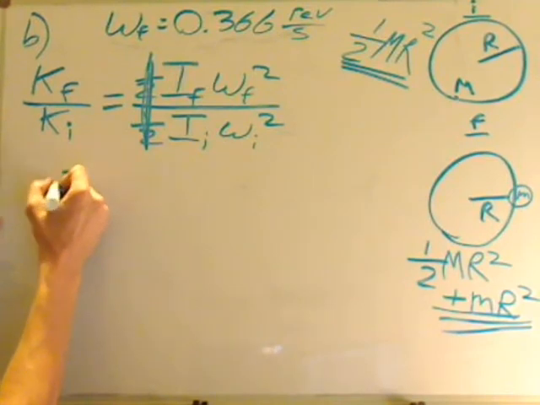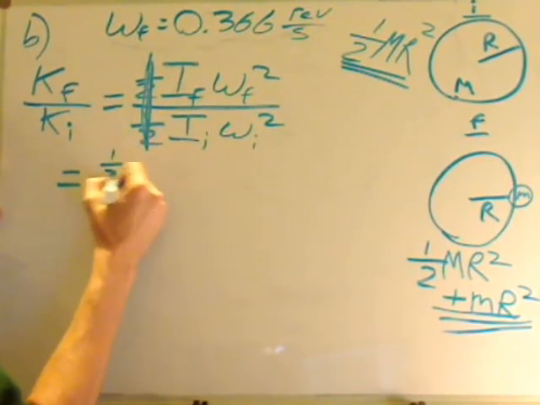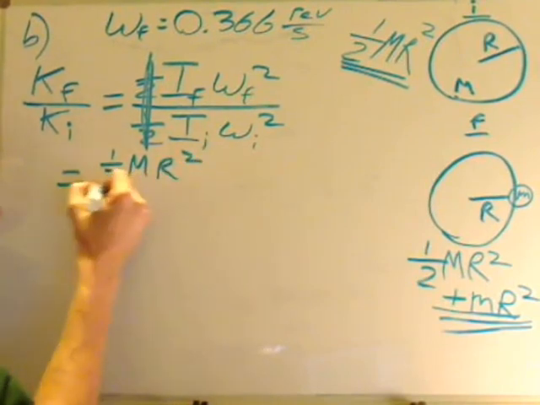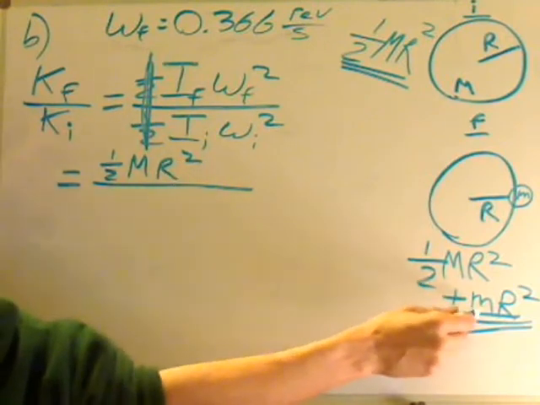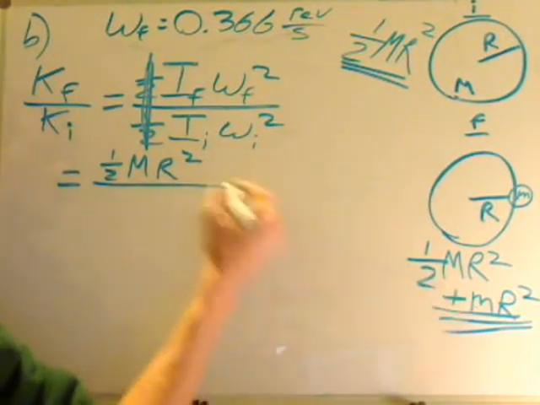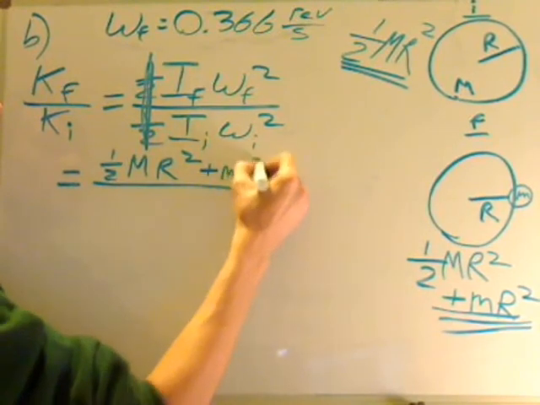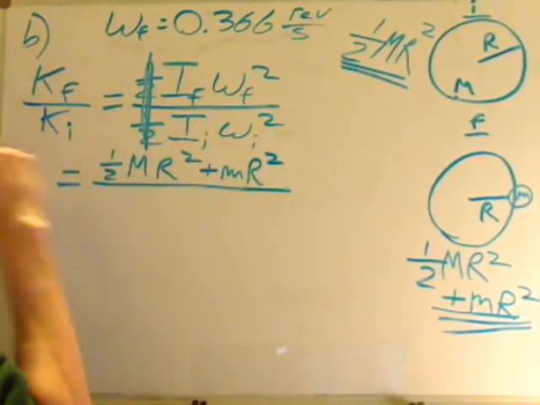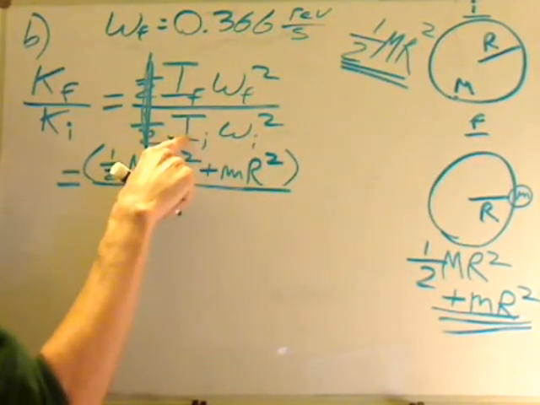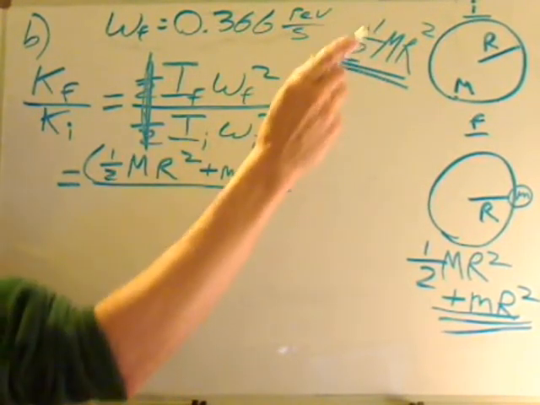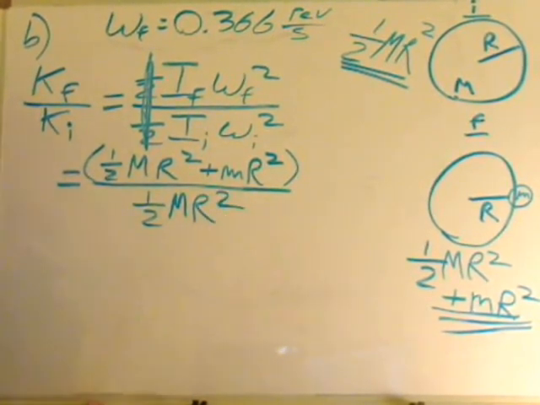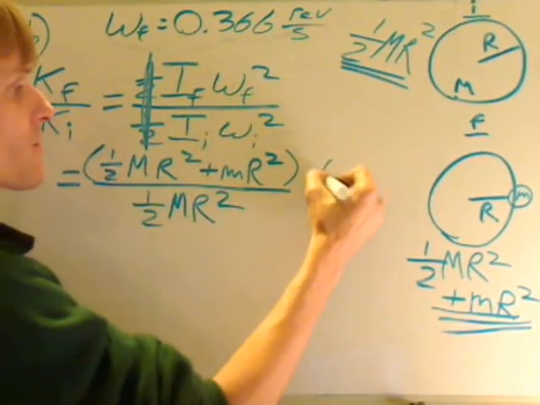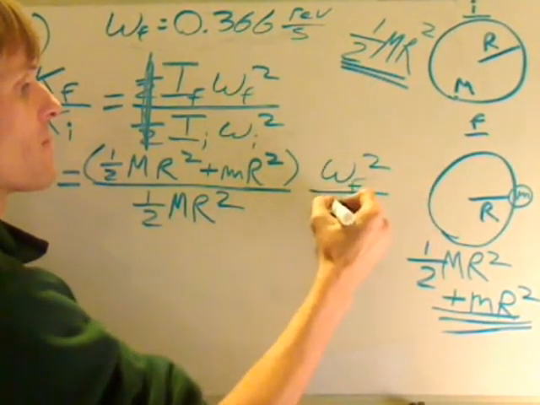Now we can plug in our final moment of inertia and our initial moment of inertia. The final moment of inertia is 1/2 big M r squared plus little m r squared, divided by the initial moment of inertia, 1/2 big M r squared, times omega final squared divided by omega initial squared.